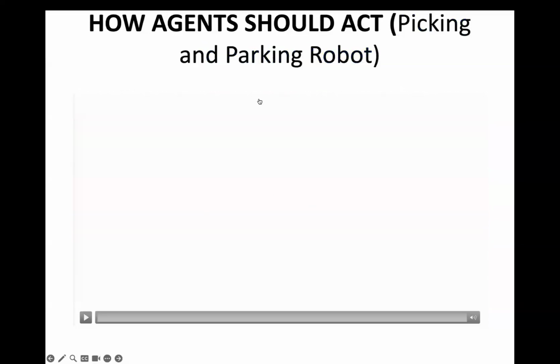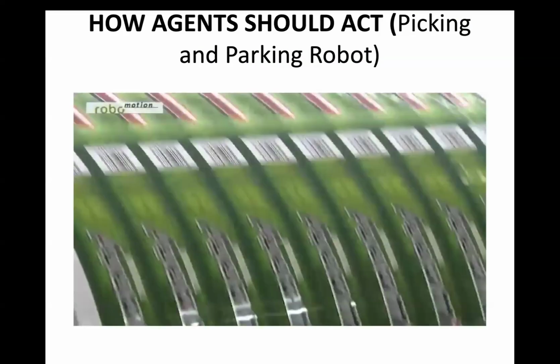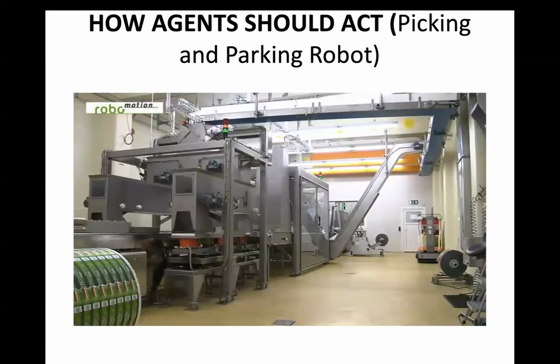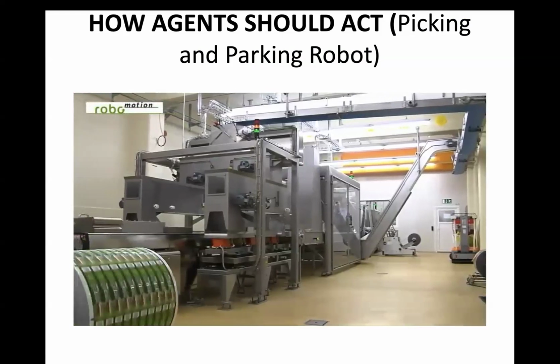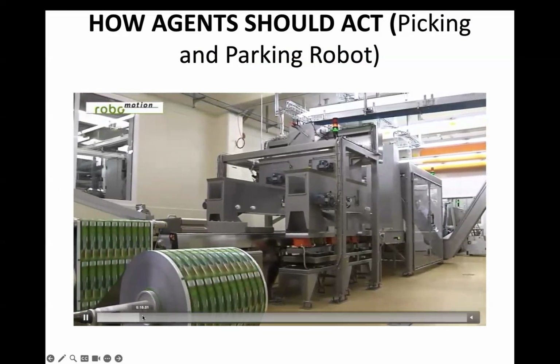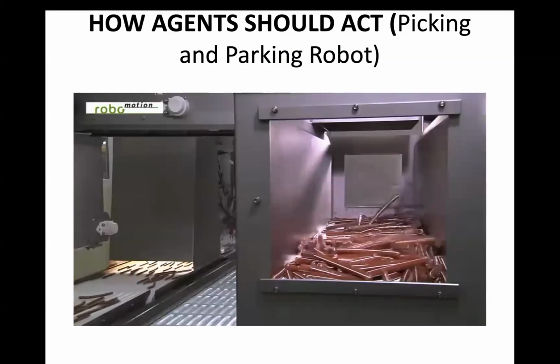Another agent we'll look at is this one that's supposed to pack some snacks. In this agent, as you're going to see, it's supposed to pack salami sausages. I hope that's the correct thing. It is supposed to detect the sausages on the conveyor belt.